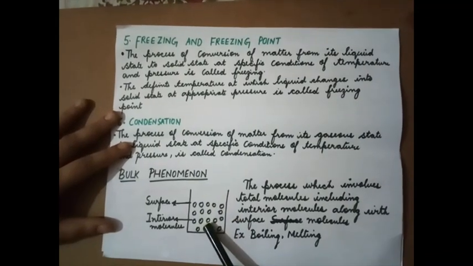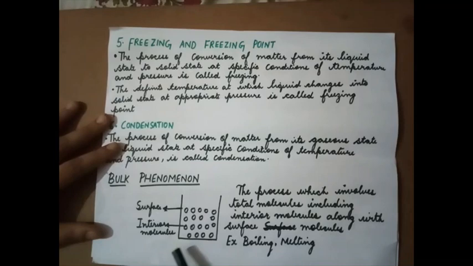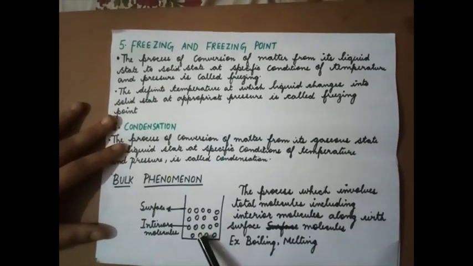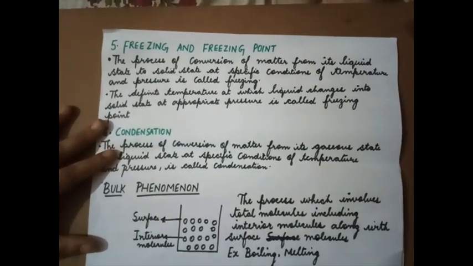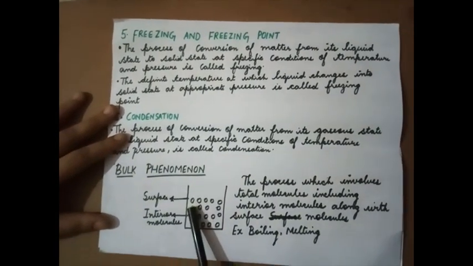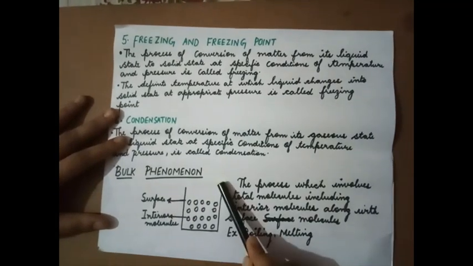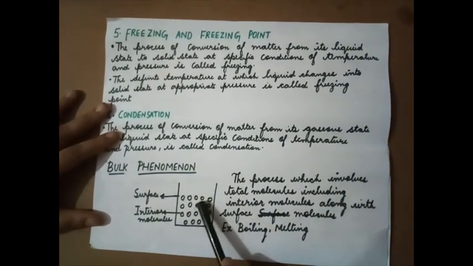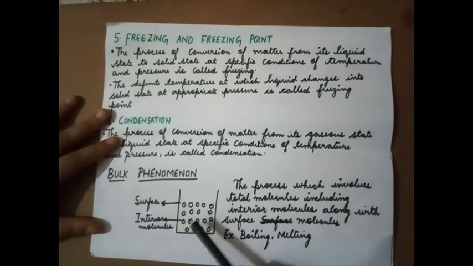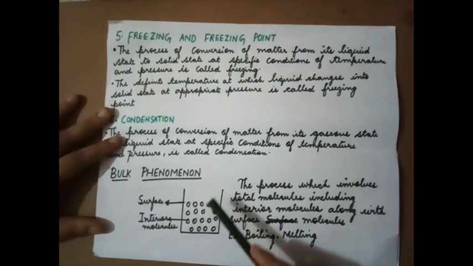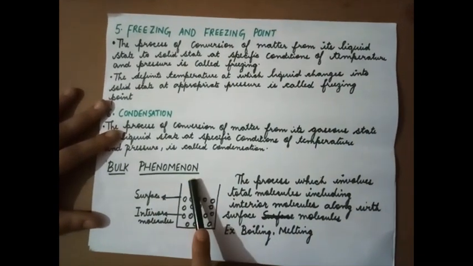The molecules that are found inside are known as interior molecules. In boiling, we see that liquid is getting converted to the gaseous state. Here it is not only the surface molecules that are getting converted to a gaseous state from its liquid state, but the entire molecule will get converted from its liquid to gaseous state. That is nothing but the bulk phenomenon.